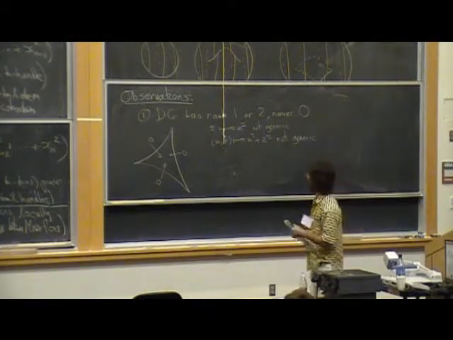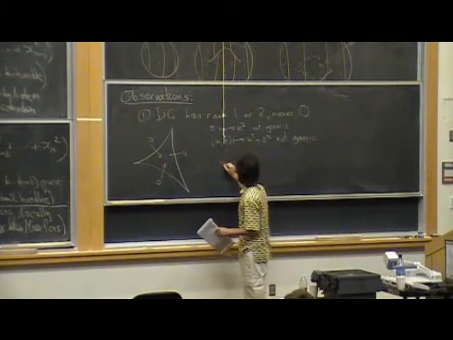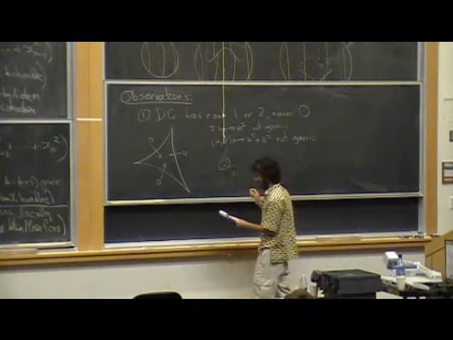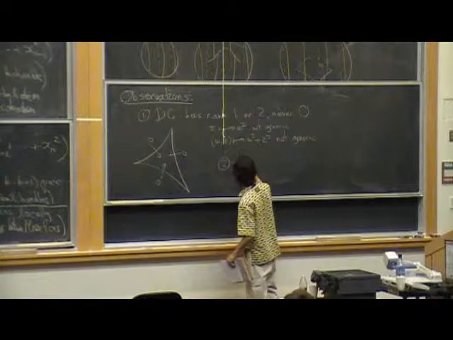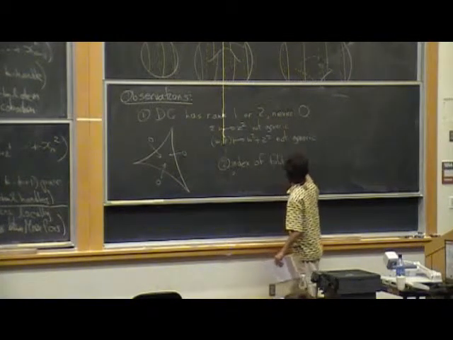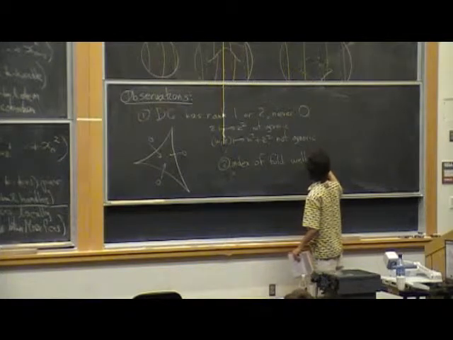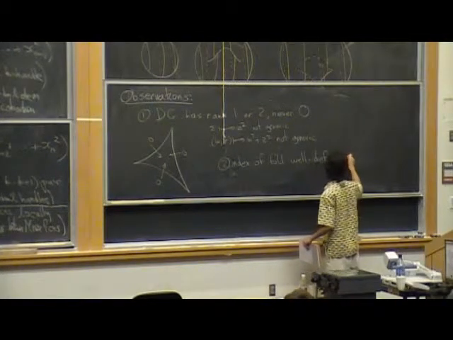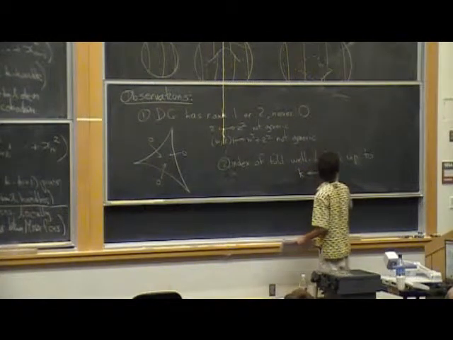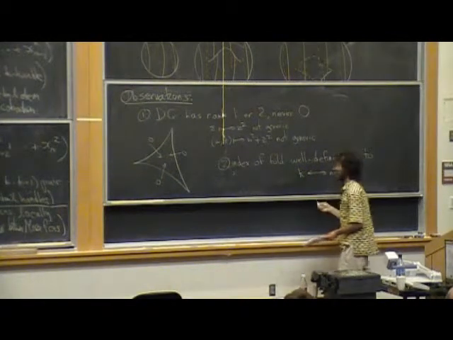Okay, so that's one observation. Second observation is that you can talk about the index of a fold, except it's well defined only up to turning things upside down. It's well defined up to k goes to n minus 1 minus k, right?